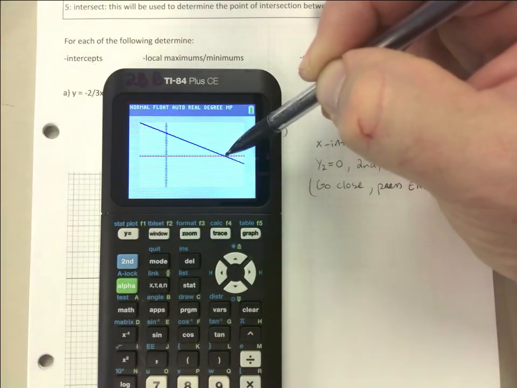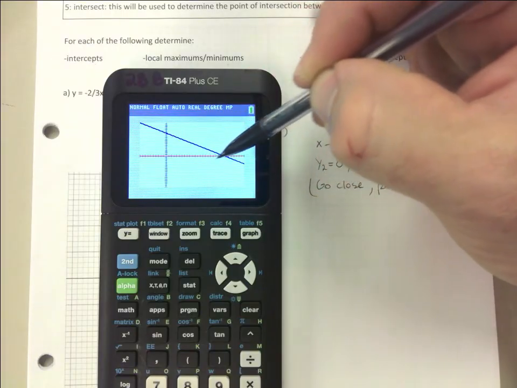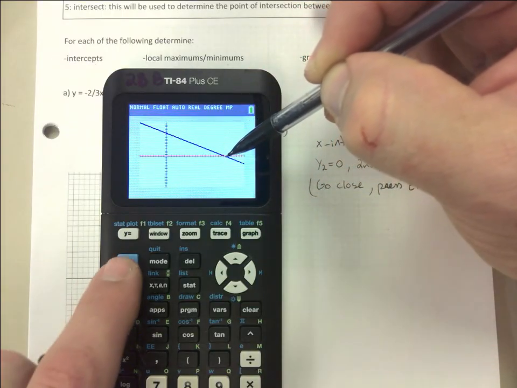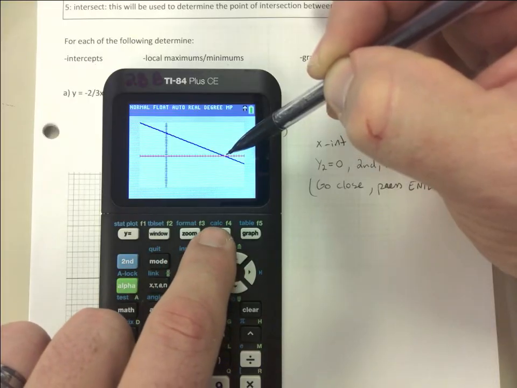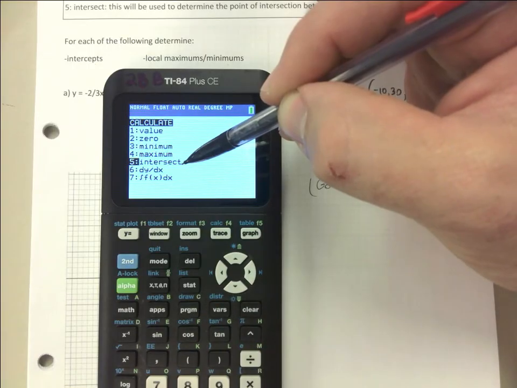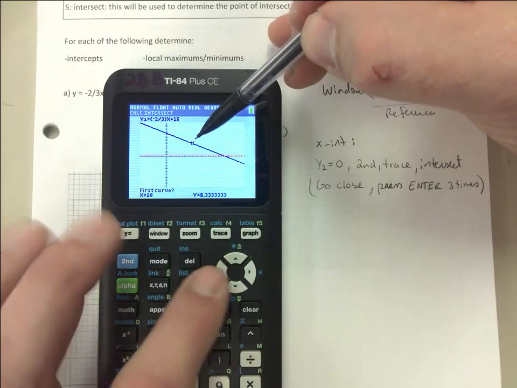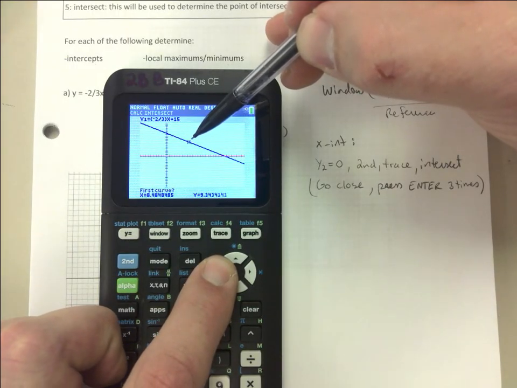Now I'm going to find the intersection between the line I graphed and the x-axis, basically. So we go second, trace, intersect, select intersect.